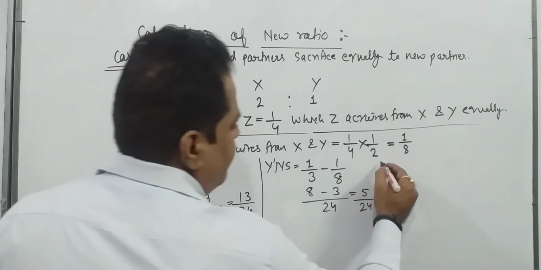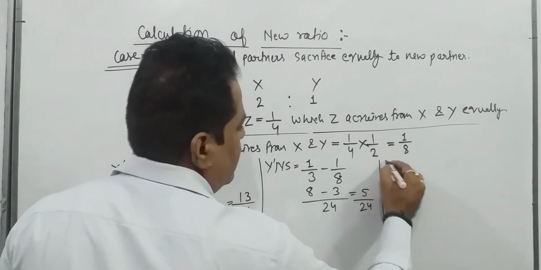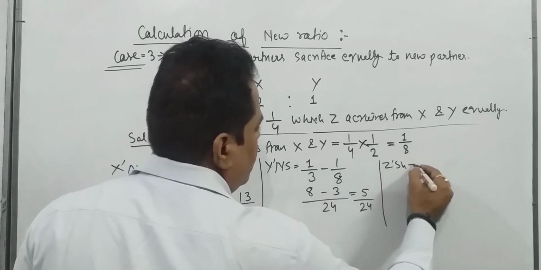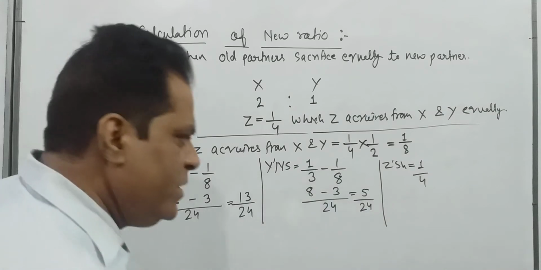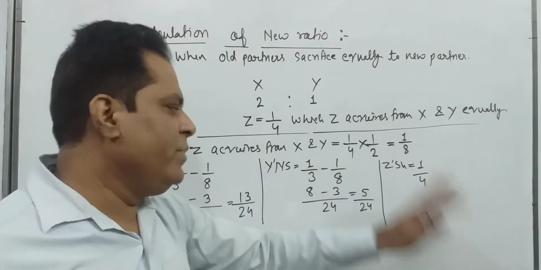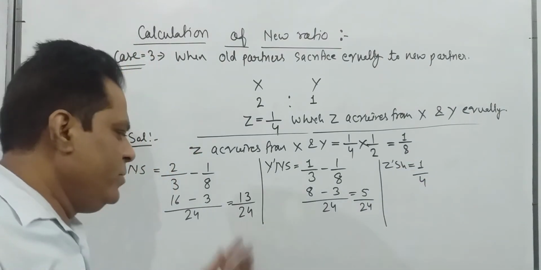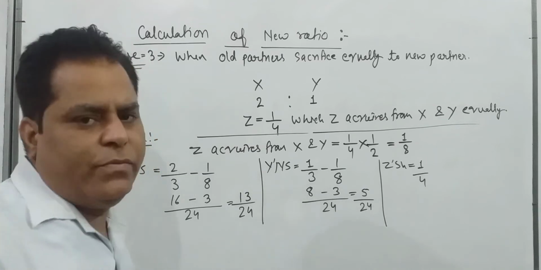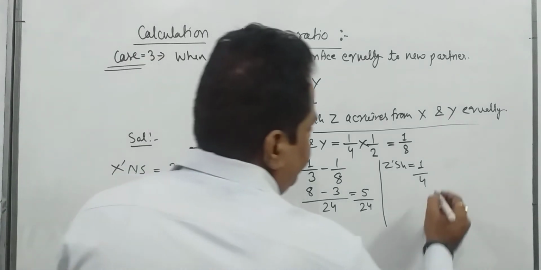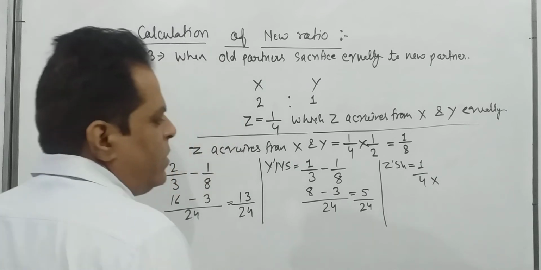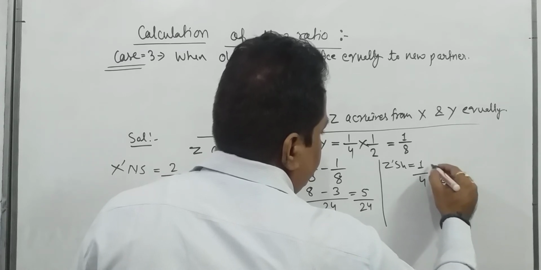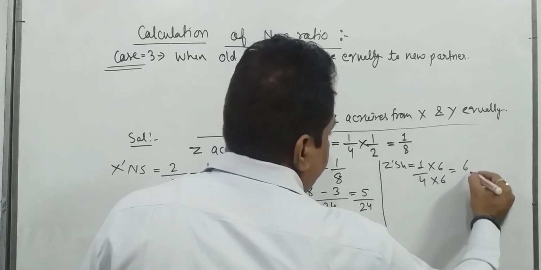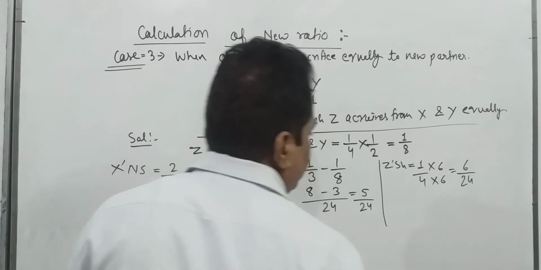And we know what is the share of Z? Z share, how much? 1/4. So we need denominator 24. So here we have to multiply to find 6/24.